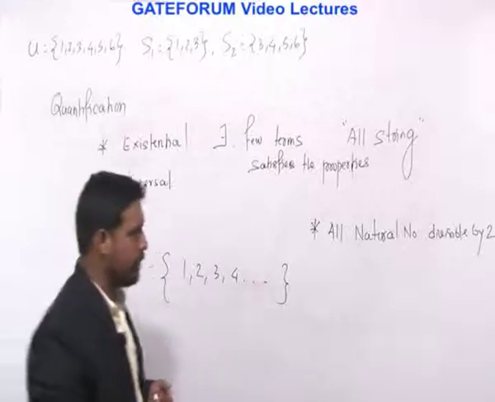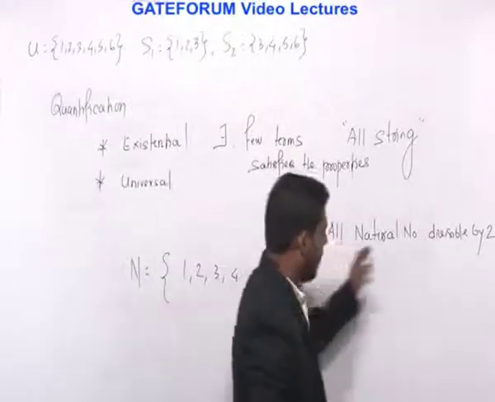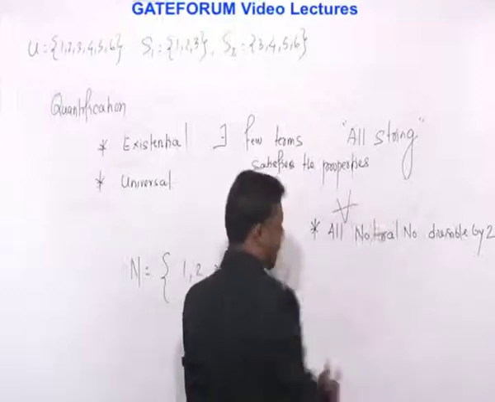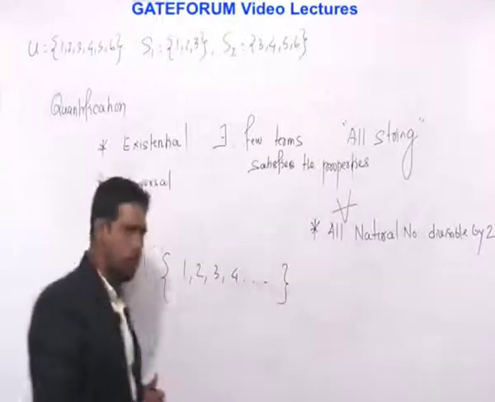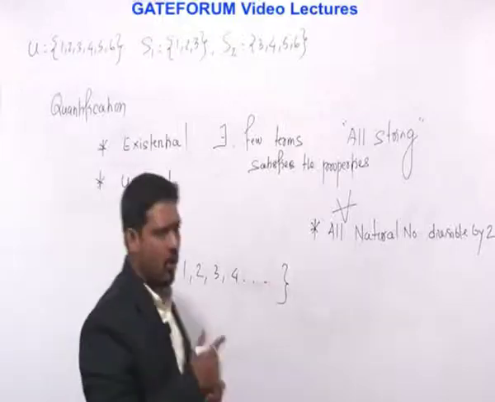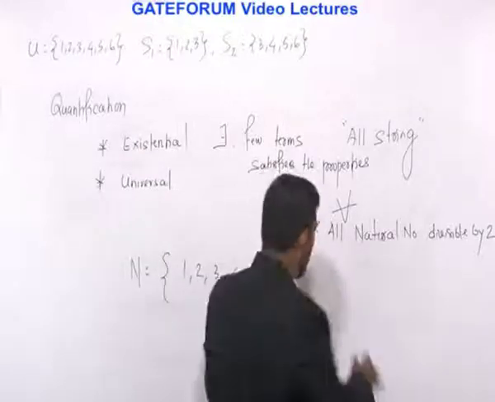This proposition is doing a quantification, and it is a universal quantification. It is commenting that all natural numbers are divisible by 2. This proposition is false.